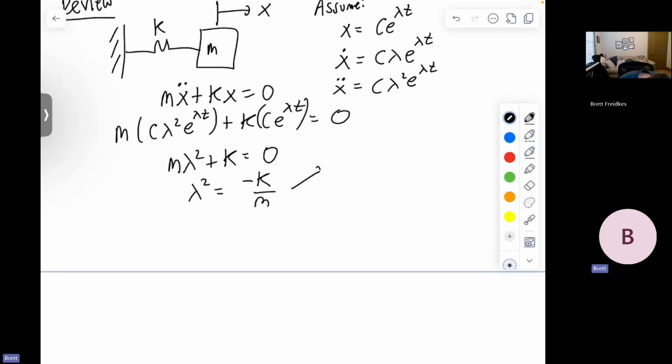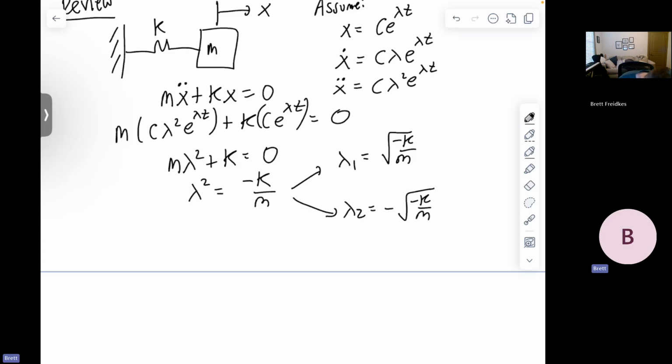And that led us to have two roots. Lambda 1 is the square root of negative k over m, and lambda 2 is negative the square root of negative k over m.